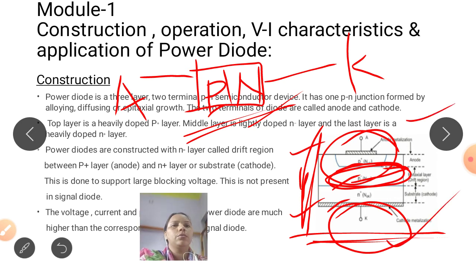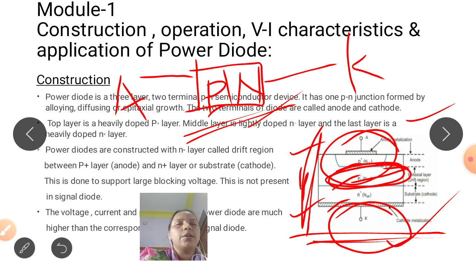Okay, so you have clearly understood the structural difference between the signal diode and power diode, and why, from the structure point of view, the power diode is different from the signal diode. The structural complexity is only due to the N minus layer, which is there only for the absorption of the depletion layer and the forward voltage drop.